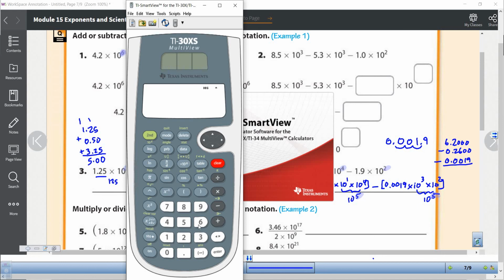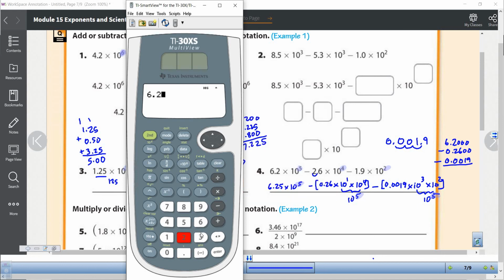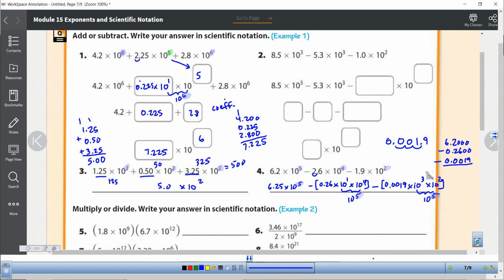So what am I going to do? I'm going to do 6.2 minus 0.26 minus 0.0019. And when I do that, I get 5.9381. 5.9381. All right, so that's what I would have gotten.